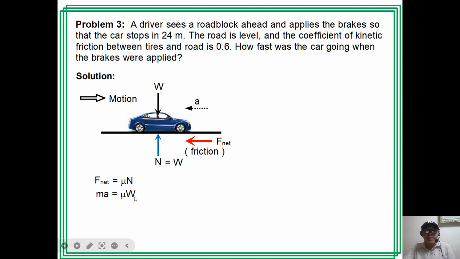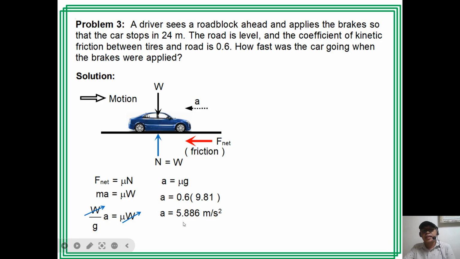But the normal is equal to the weight. So mass is W over g times a. So W cancels out. So our acceleration is equal to mu times g. Coefficient of friction 0.6, g 9.81. So acceleration is equal to this.